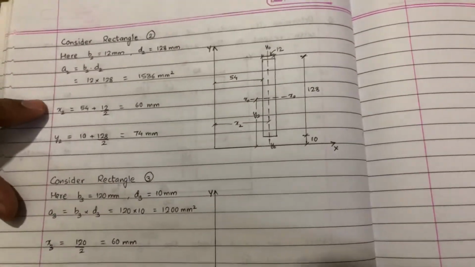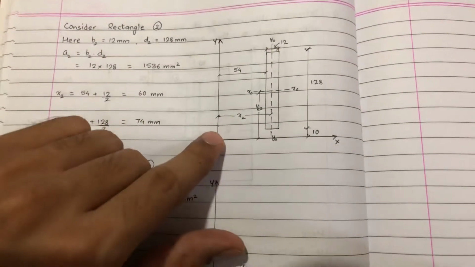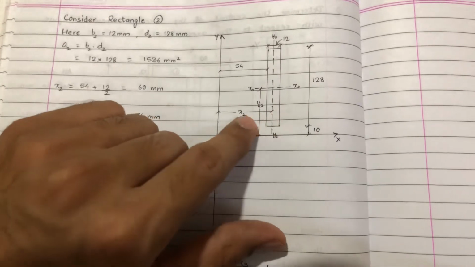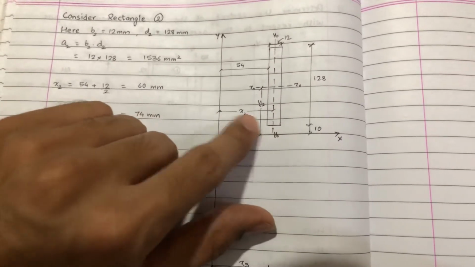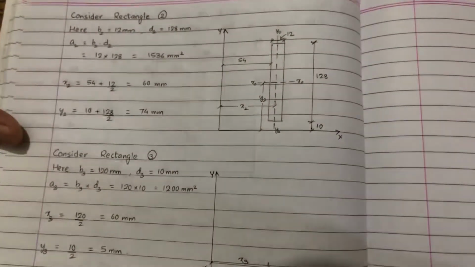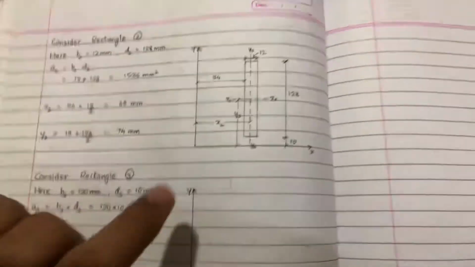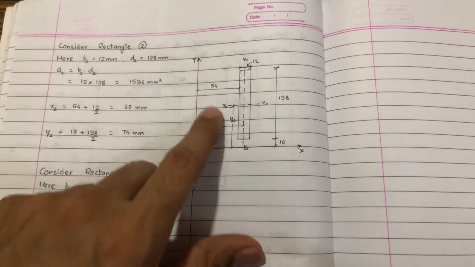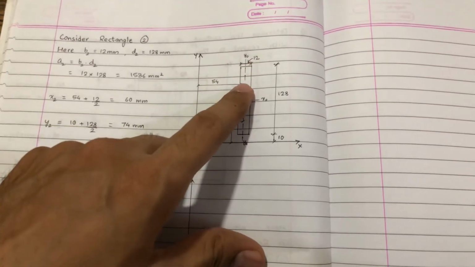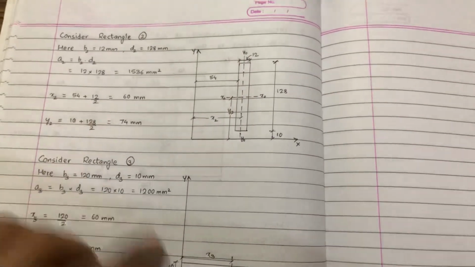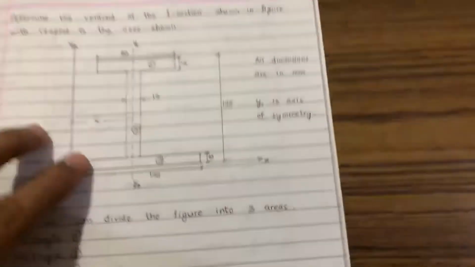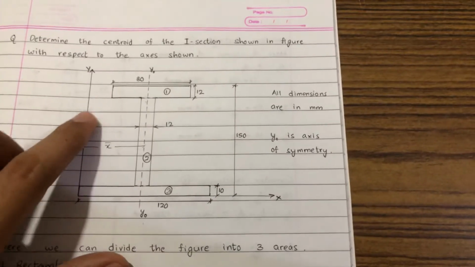So what will be x2? x2 will be the distance with respect to the y-axis till the axis of symmetry. This is the axis of symmetry. So x2 will be equal to 54 plus 12 by 2. Now from where did this 54 come? 54 is this distance.